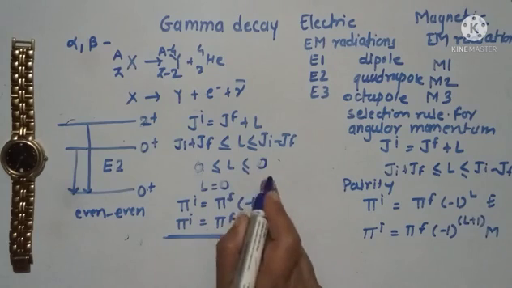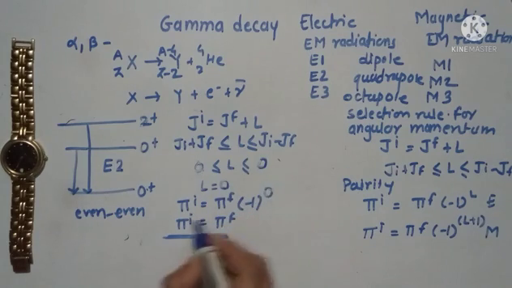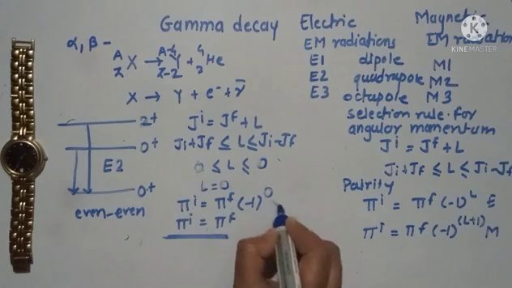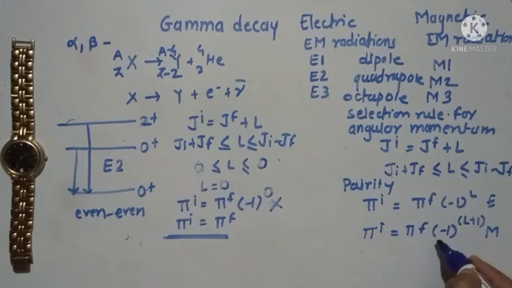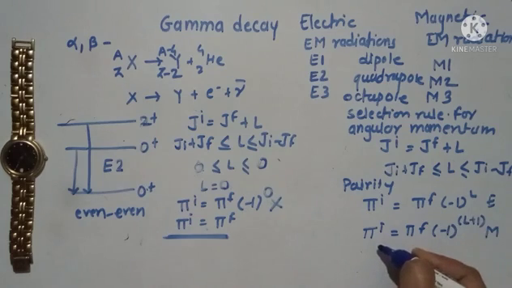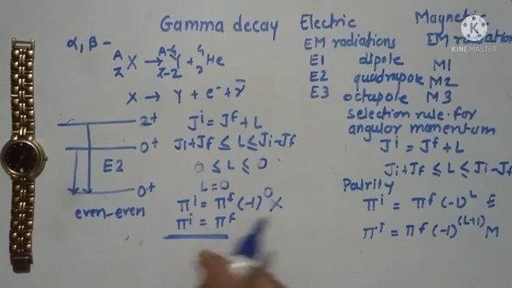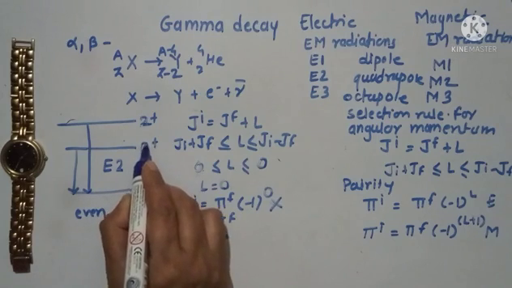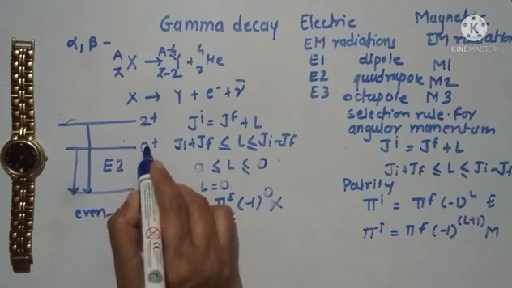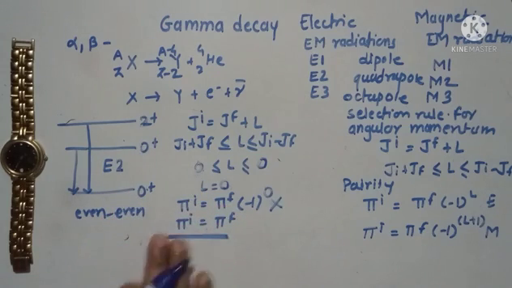If L is equal to 0, pi I is equal to pi f is not valid, so electric radiations are not possible. Similarly, if pi I is equal to pi f times (-1) raised to 0, in that case also the rule is not satisfied. So we can say that the electric and magnetic radiations are both not possible for de-excitation from 0 plus to the 0 plus ground state.